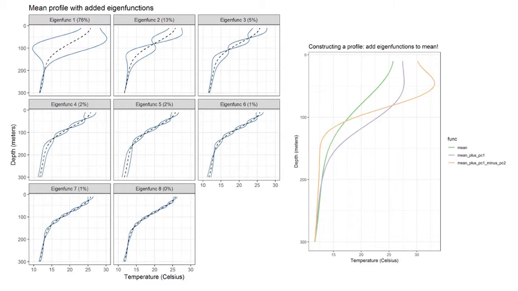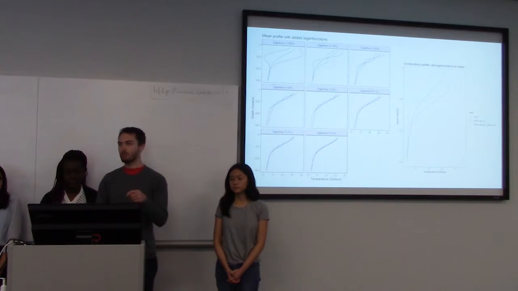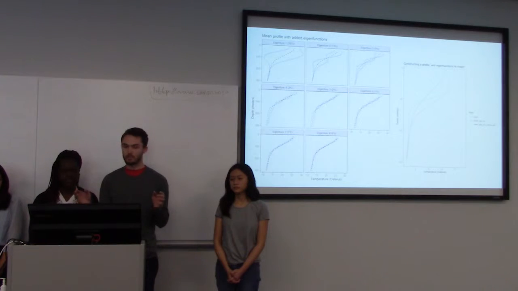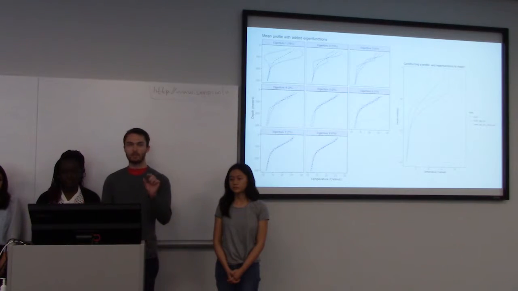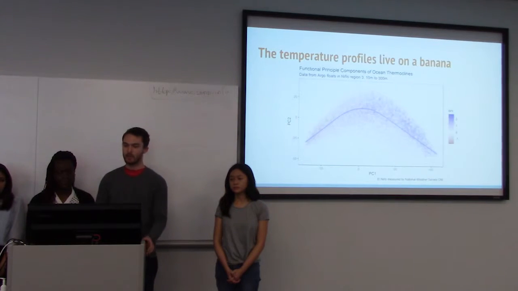On the right side here, the green is the mean profile, and then you can add PC1, and then add some PC2, and you get these different profiles, right? Each of our curves can be represented as a linear combination of these principal profiles. We can think about the coefficients for these linear combinations, and that's what we look at next.